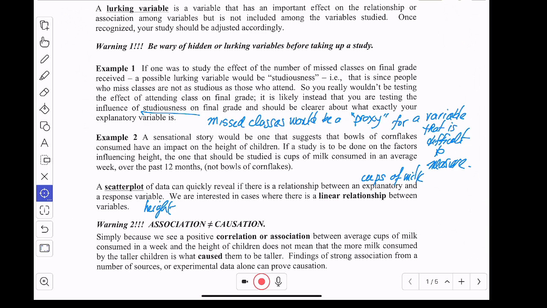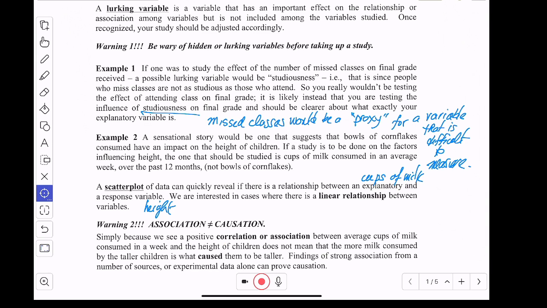So just a warning again, even though we might see an association or a pattern, it doesn't mean that one variable caused the other. The only way we can attribute causation is with the gold standard of tests that we learned about, the experimental study.